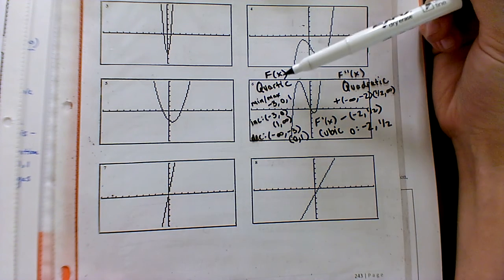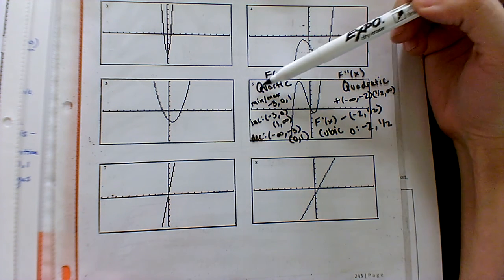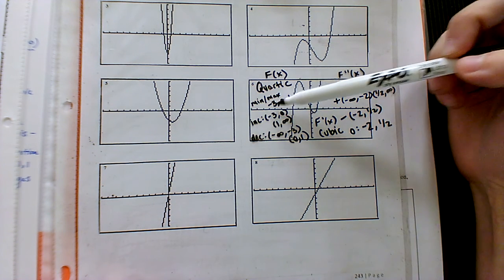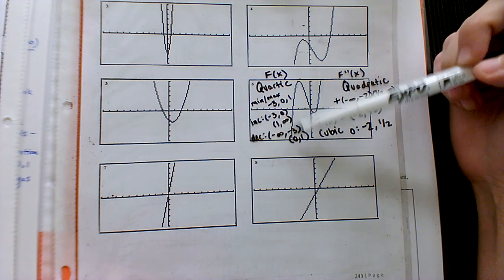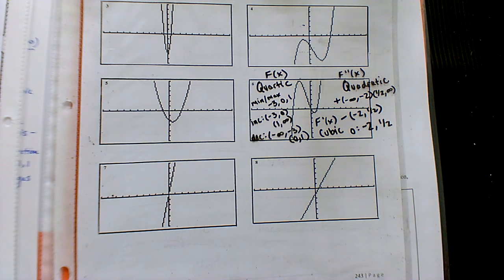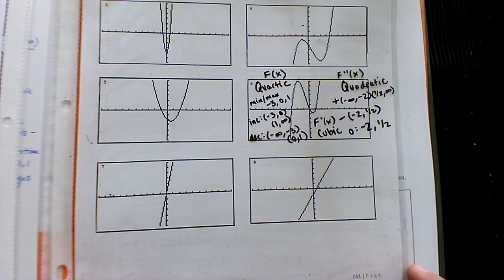All right, so maybe we'll try f of x first. Can we find a quartic graph, kind of like a W shape, that has maxes and mins at -3, 0, and 1, and is increasing and decreasing on these specific intervals? Might be on this page, might be on the other page. Can we find it?